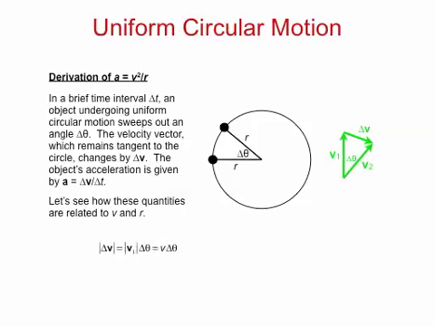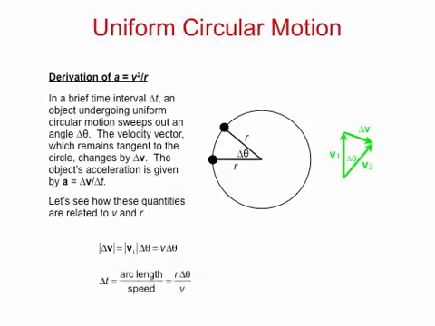If delta theta is truly tiny, which it will be if delta t is tiny, then the magnitude of delta v is just the length of either of the two sides times delta theta, or magnitude of delta v equals v delta theta.